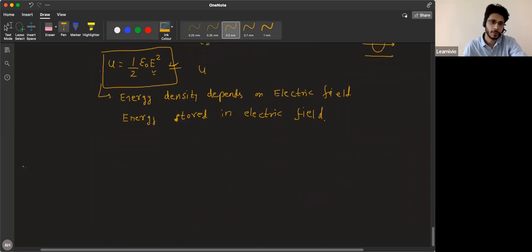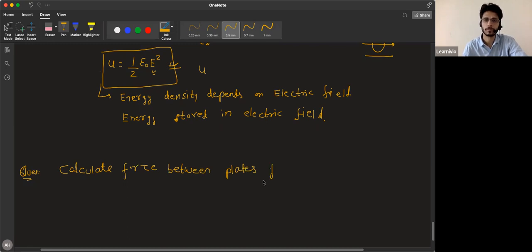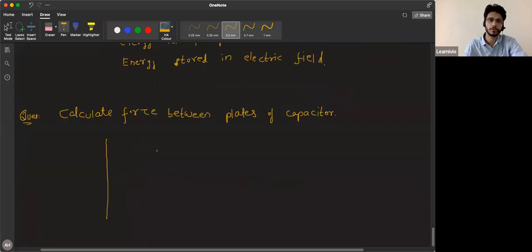Okay, next question. Let's calculate the force between the plates of a capacitor.